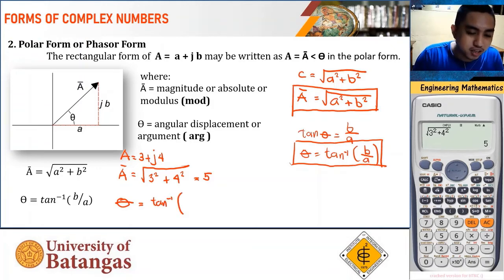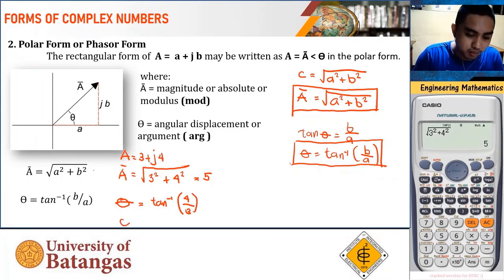So, ano ang ating B? So, yung B natin is yung ating imaginary part, yung kasama ng ating J. So, in this case, ang kasama ng J is 4 over the real part, which is 3.